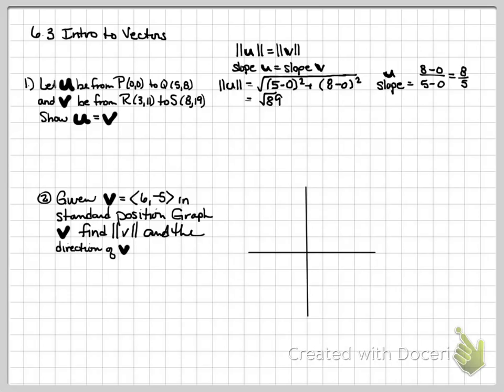Now let's do v. We're going to do the exact same thing. We're going to take the square root of the difference of our points. So the x component of S is 8. I'm going to subtract from that the x of my R, which is 3. And the reason I'm doing S first is because that's where it ends up. You want to go from the end minus the beginning.